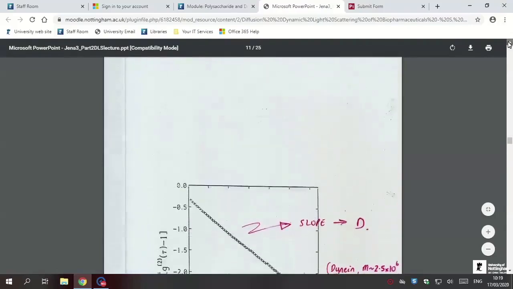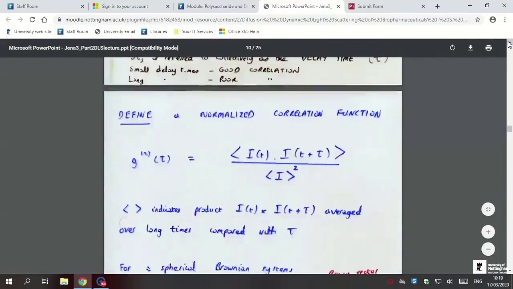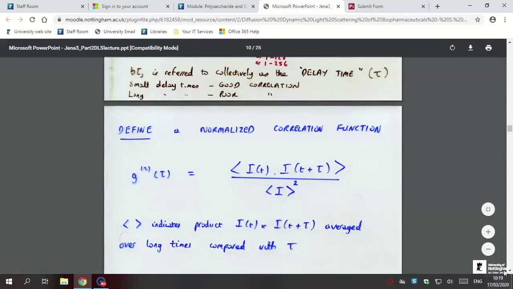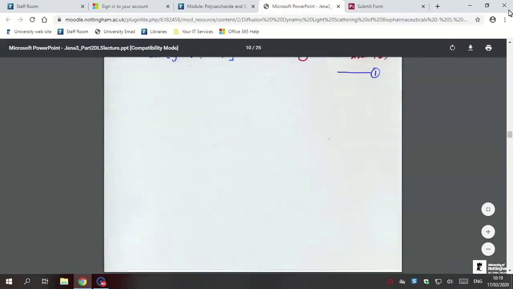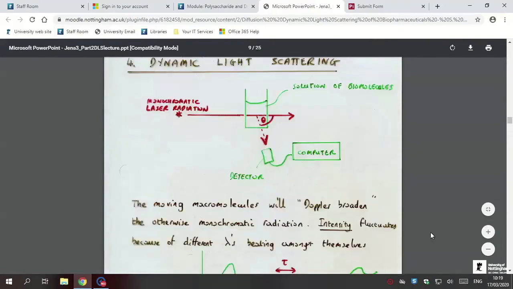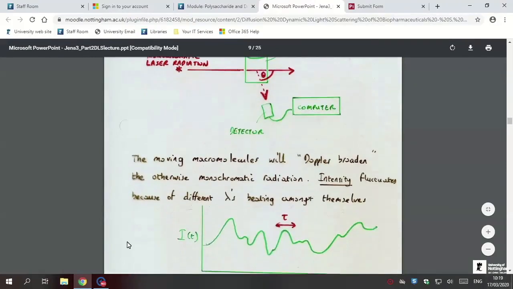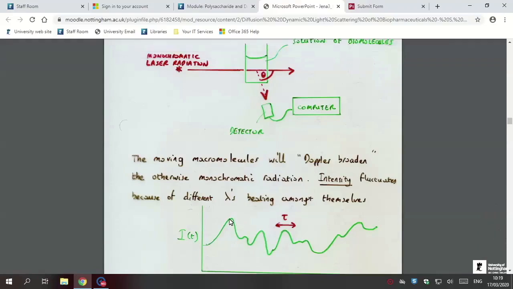And what you do, you plot this correlation function as a function of time, and that means as you go, see, if I compare that intensity with that intensity, then at small time intervals the correlation intensity is high. But as I go further away in time, the correlation gets weaker.